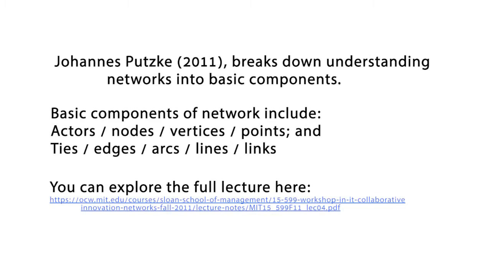Jones breaks down the understanding of a network into basic components. And there are two basic components when you talk about a network. Those are actors, some people call them nodes, others call them vertices or points. And the second one is the edges. Other people call them arcs, links, or ties.